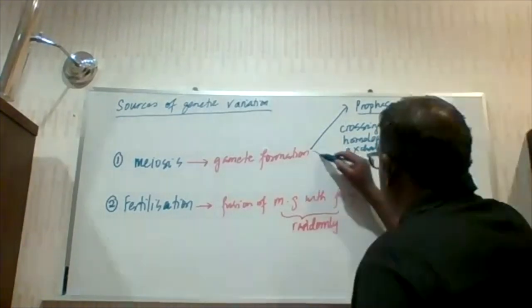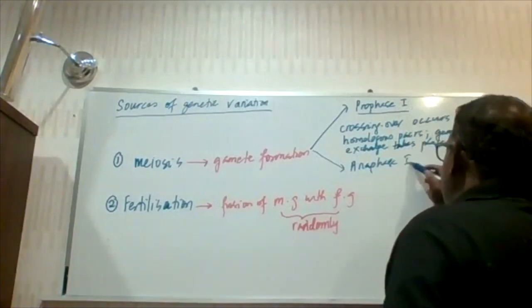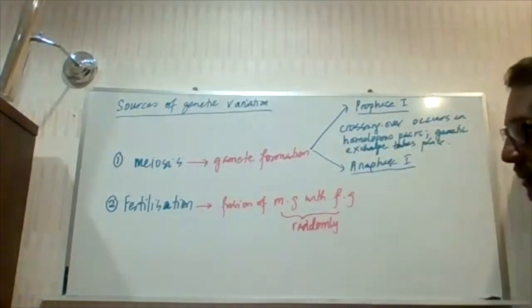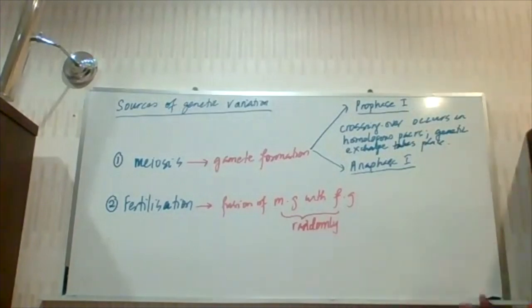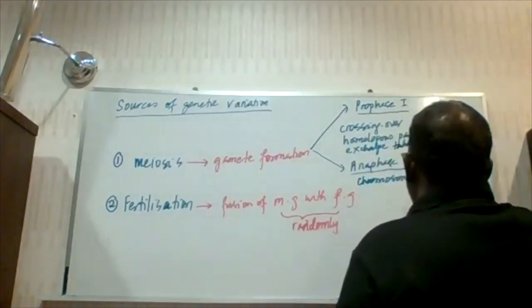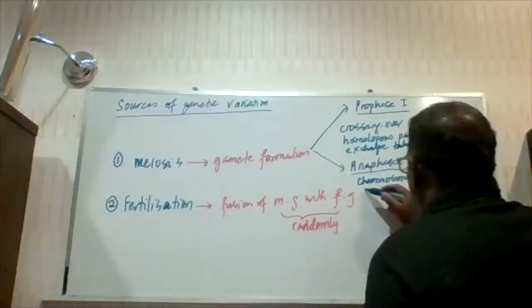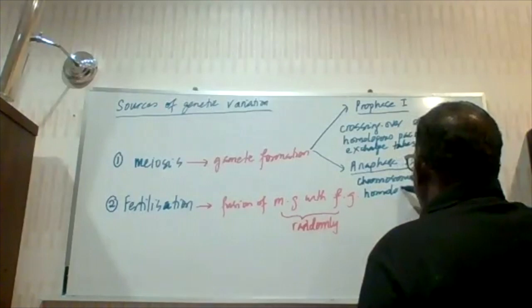Then in anaphase 1, what happens? Anaphase 1 says that one chromosome of a homologous pair can combine randomly with chromosomes of other homologous pairs, in any combination. That is another source of genetic variation. So here is one chromosome of one homologous pair.